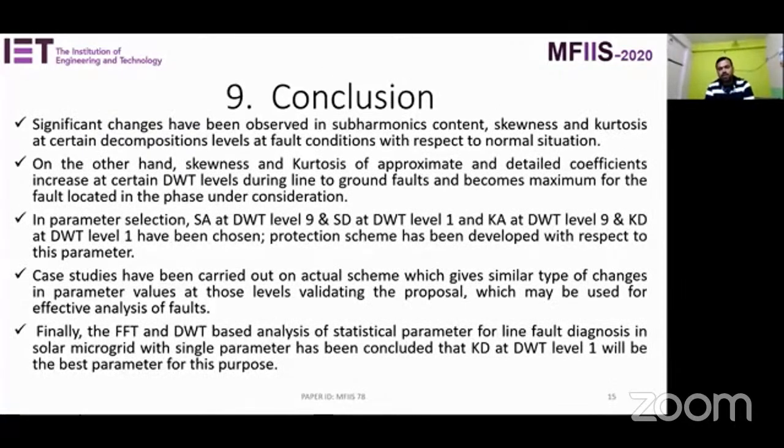Now, the conclusion of this whole work is that significant changes have been observed in subharmonic skewness and kurtosis at certain decomposition levels at fault condition with respect to normal conditions.